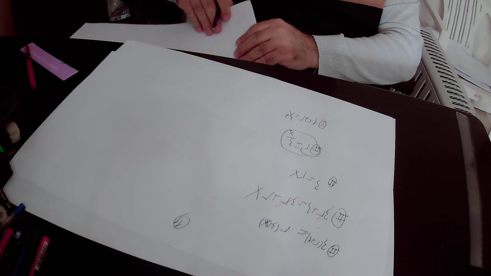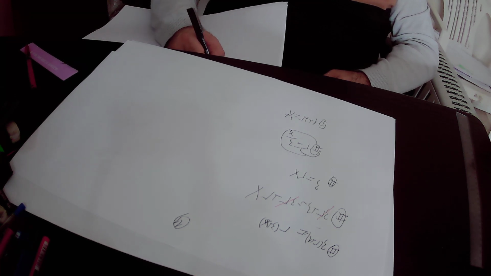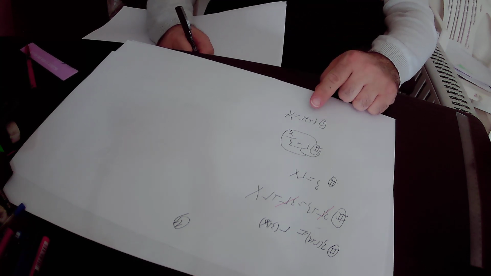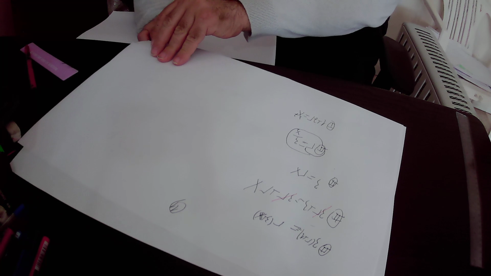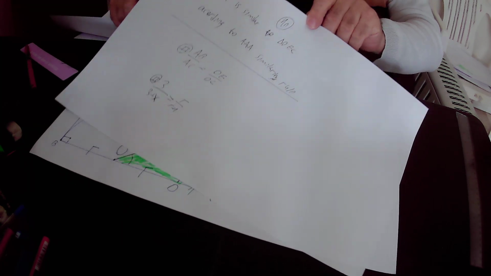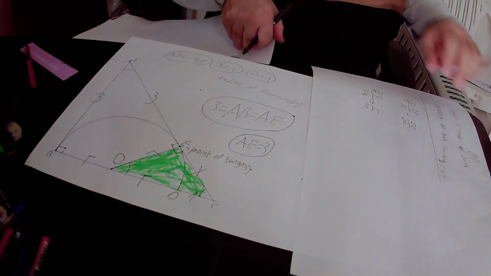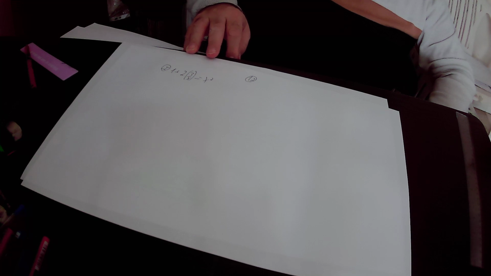So we get that 1 plus 2 times 3 over x equals x squared.